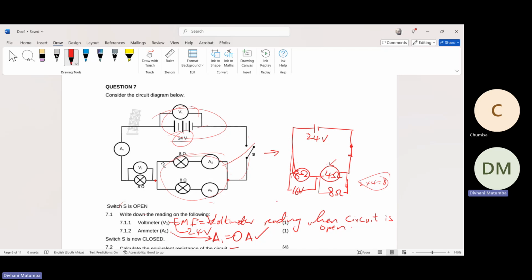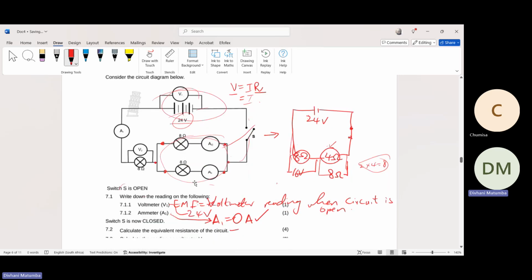Since the potential difference across these two points is equal, and the potential difference is given by I times R, if the voltage is the same and you have the same resistance, you are going to have the same I as well. But that's a story for another day.